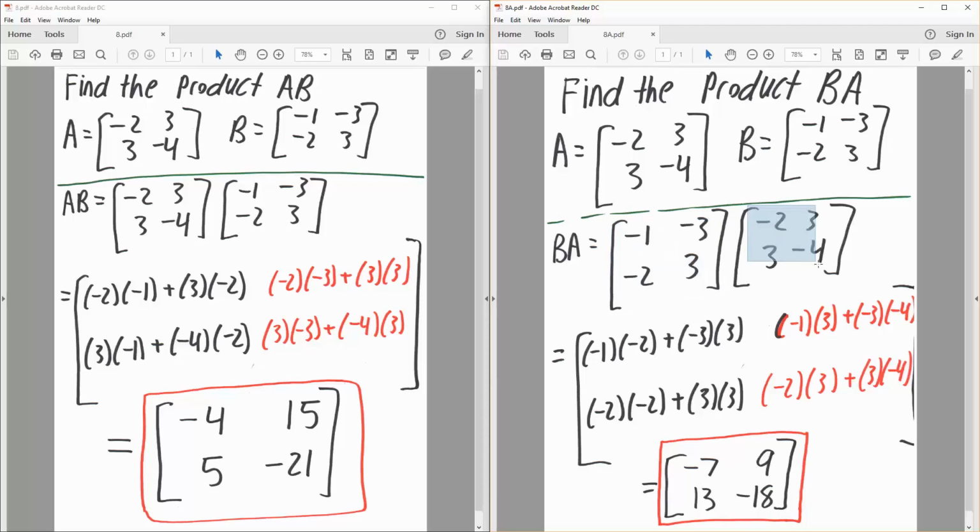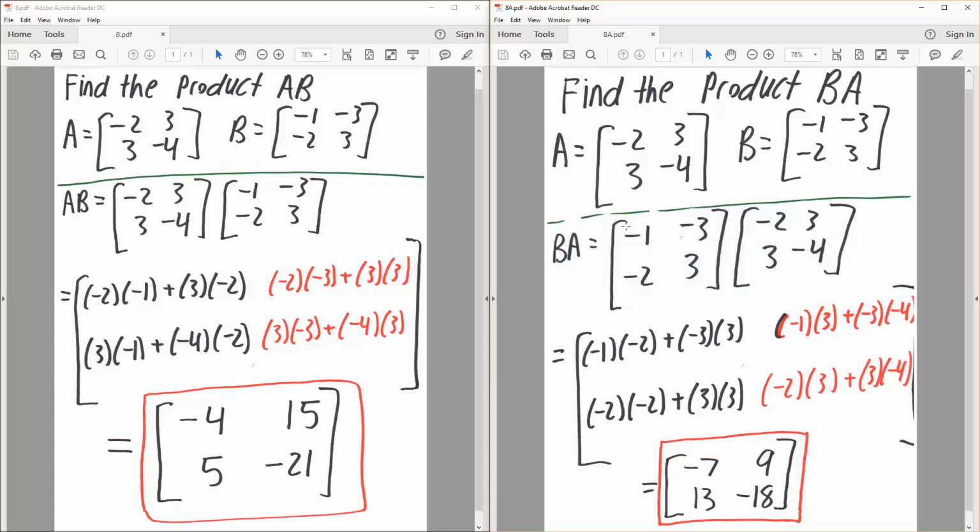And then A: -2, 3, 3, -4. We're doing it the exact same way, but since it's arranged like this, it's going to produce a different answer. Although we're using the same 2 by 2 matrices, multiplying in this order is going to produce an overall different answer.